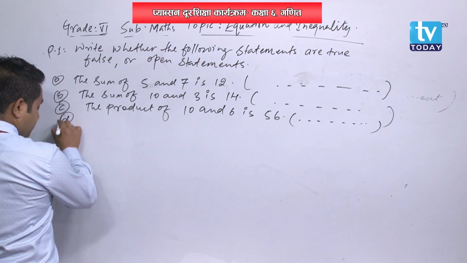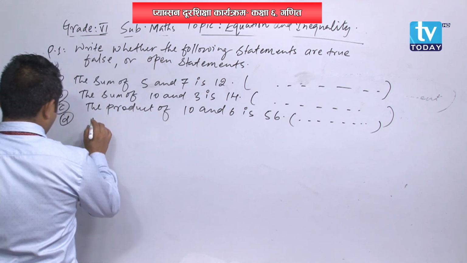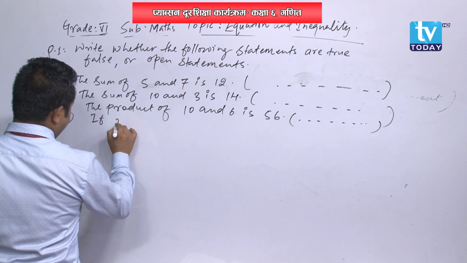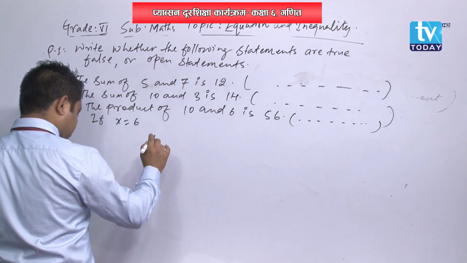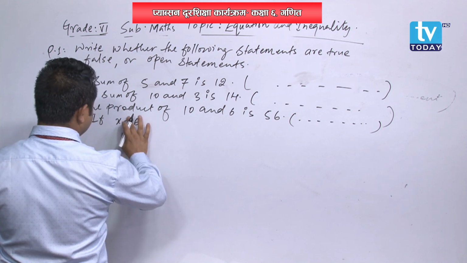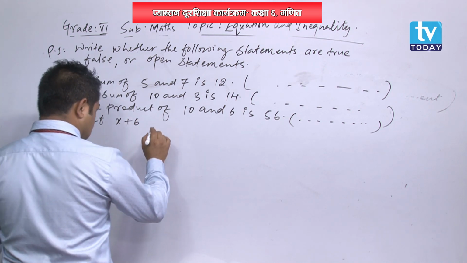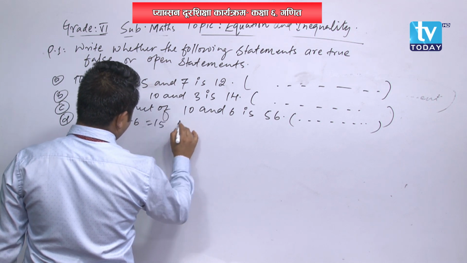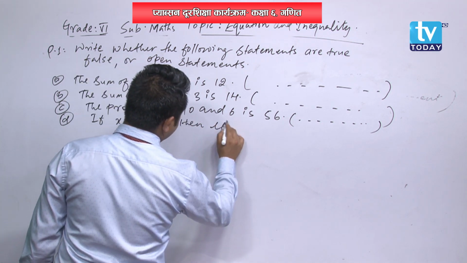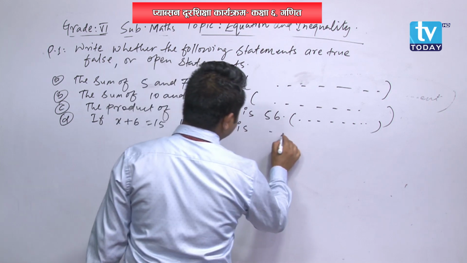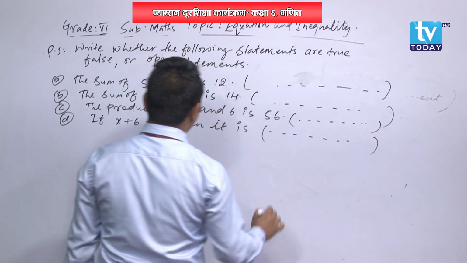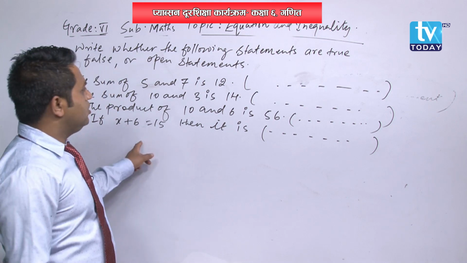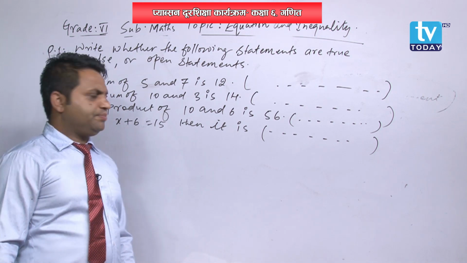Number D, if x plus 6 equals 15, then it is what kind of statement? This is a true statement, false statement or open statement.